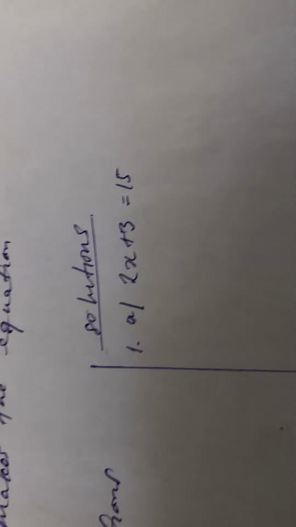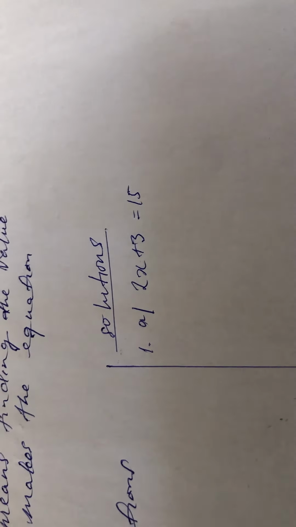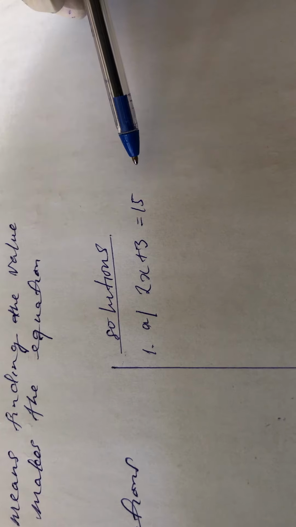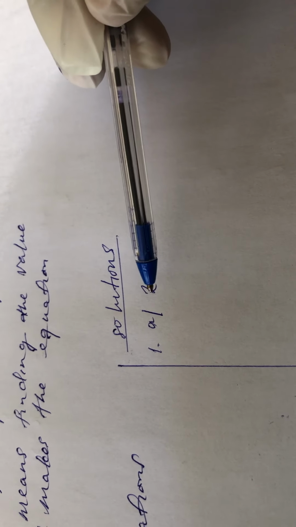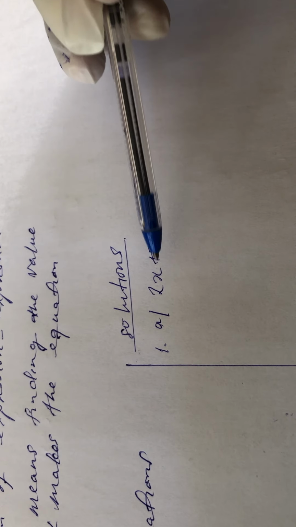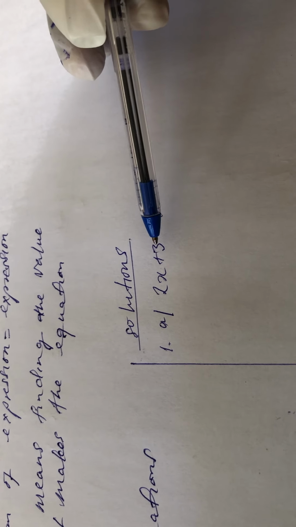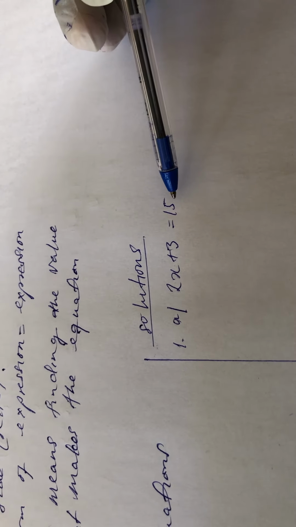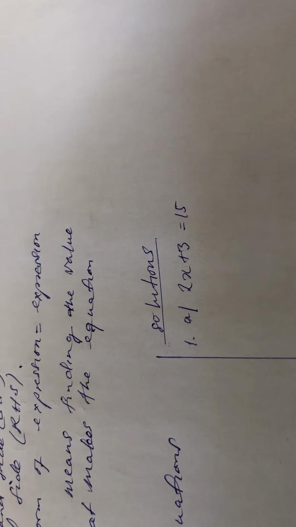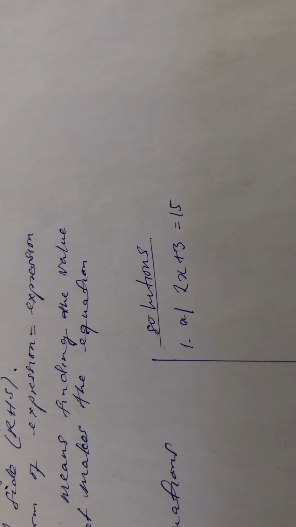Let's get here. You see, generally, what this thing is saying, 2x plus 3 is equal to 15. We are saying 2 multiplied by a certain number that we don't know, plus 3 will get 15. Okay, so 2 times a certain number plus 3 is equal to 15. Can you figure out what that number is?